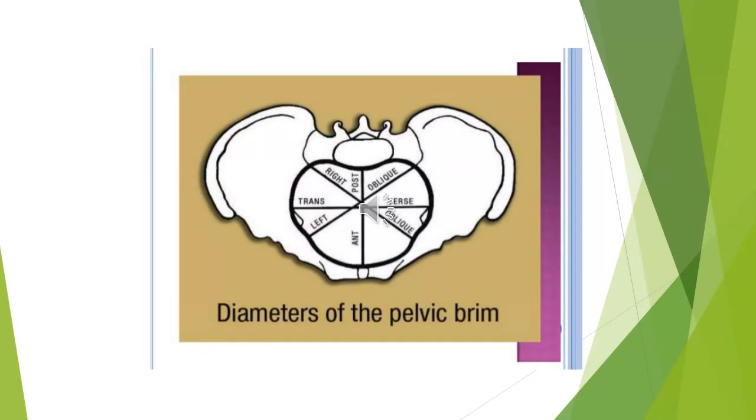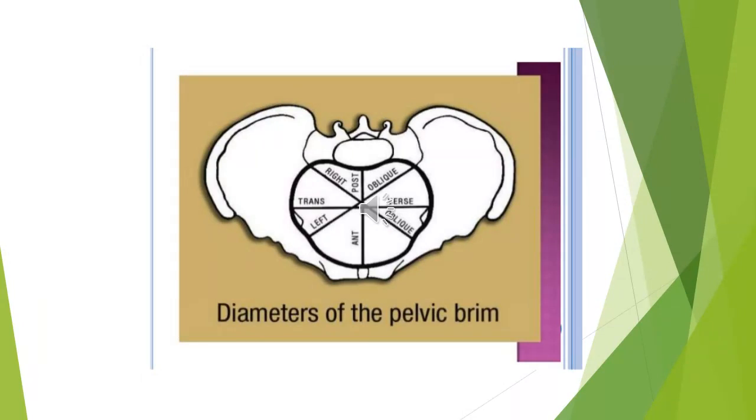In clinical pelvimetry, there are two methods, external and internal. External pelvimetry has been mostly given up because of its limited value, but it is helpful in the diagnosis of gross pelvic contractions.